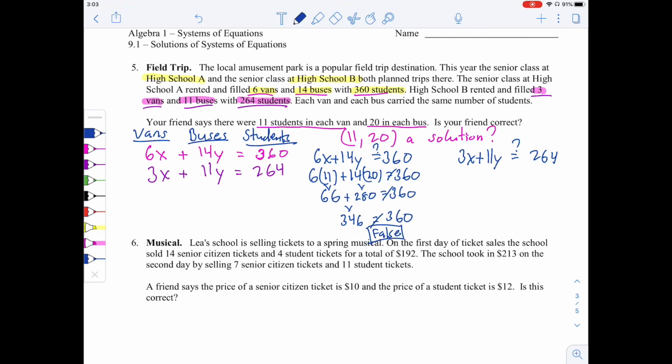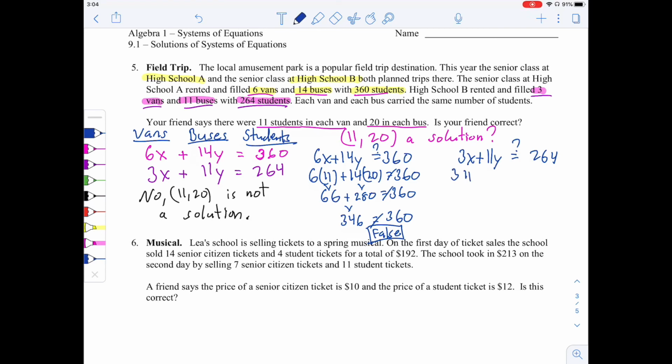So this is false, and automatically you know this is wrong already. If one of them is false, you know the whole thing is false. So (11, 20) is not a solution. Your friend is wrong.